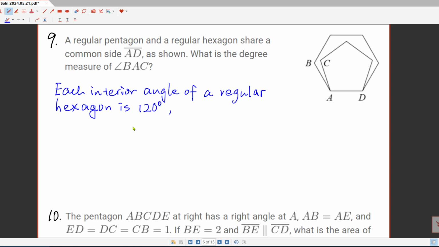And we also know that each interior angle of a regular pentagon is 108 degrees.